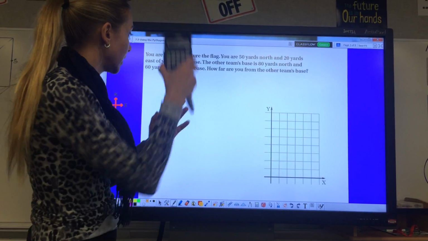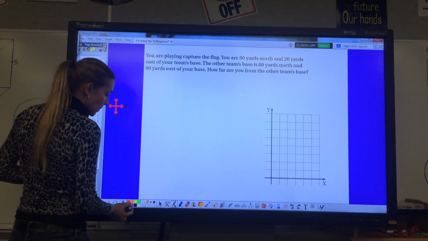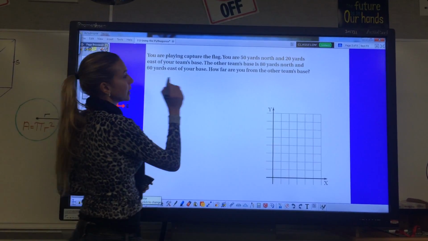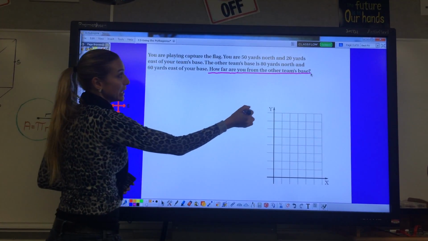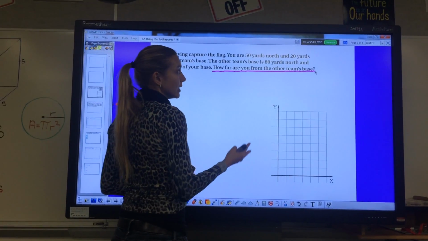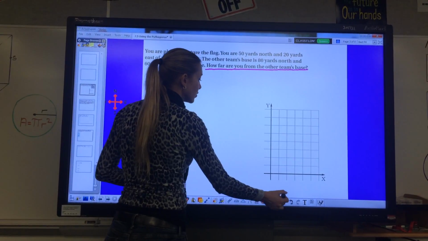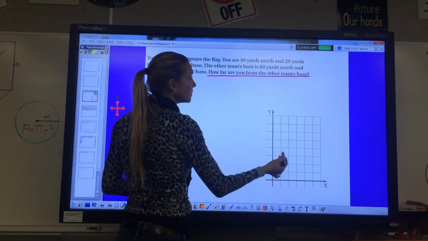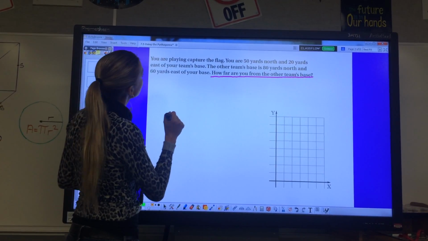I will grab my handy dandy calculator in here. My first step is to read my question. How far are you from the other team's base? So I want to know how far I am.